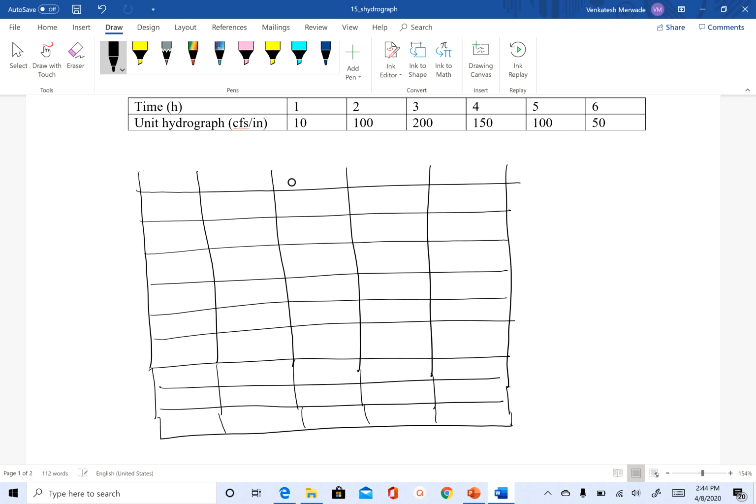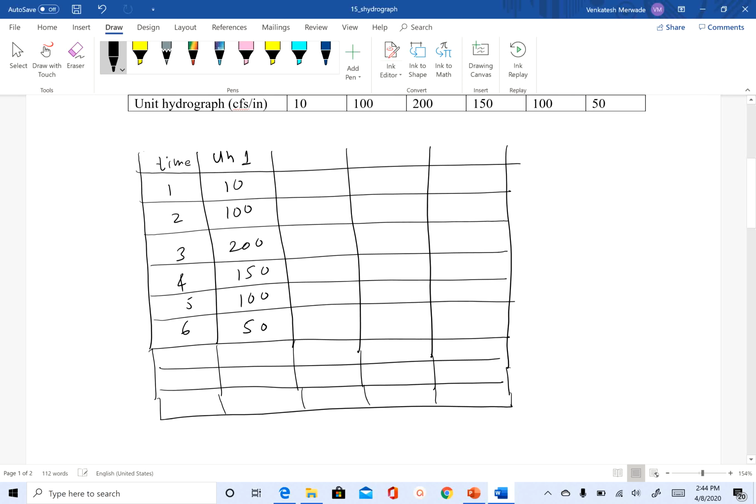This is the time that is given to us, 1, 2, 3, 4, 5, 6. Unit hydrograph 1 is given to us, which is 10, 100, 200, 150, 100 and 50.